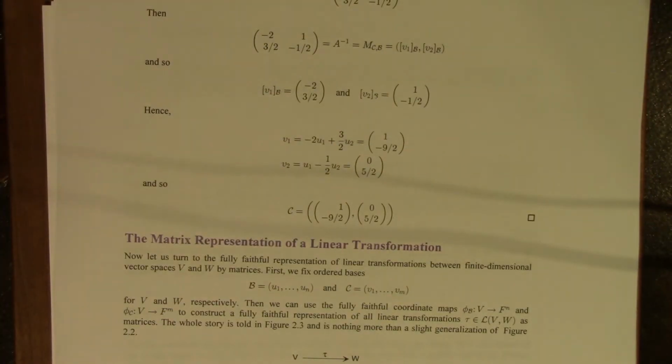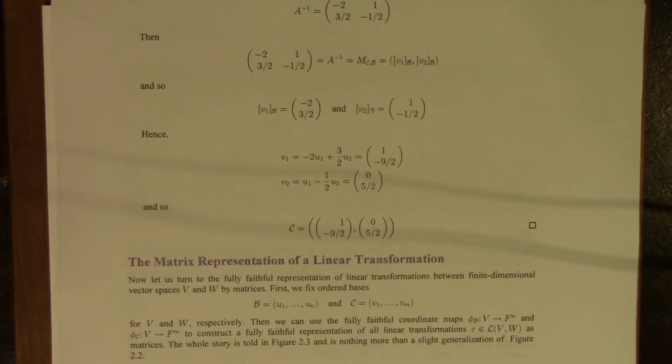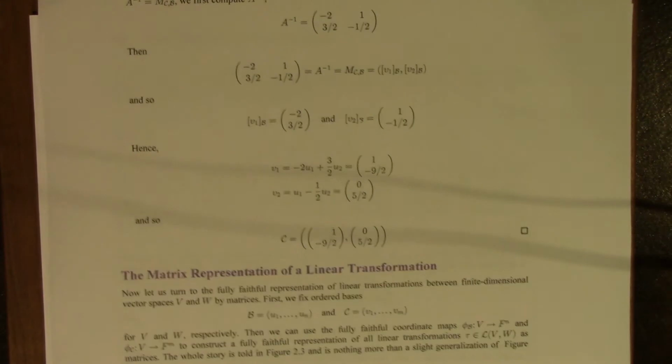We have talked about the standard matrix representation of a linear transformation from Fn to Fm. And that is a representation by matrices. Every linear transformation is represented by its standard matrix.